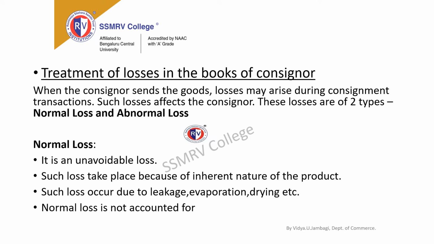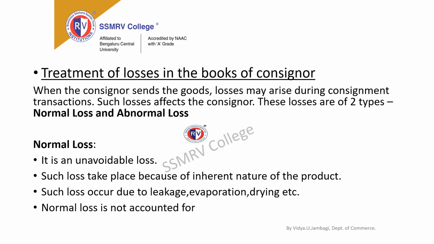Such losses affect the consignor. Since the consignor is the owner of the goods, the losses affect only the consignor and not the consignee. So these losses are to be accounted for in the books of the consignor. These losses are of two types, normal loss and abnormal loss. First, what is normal loss?